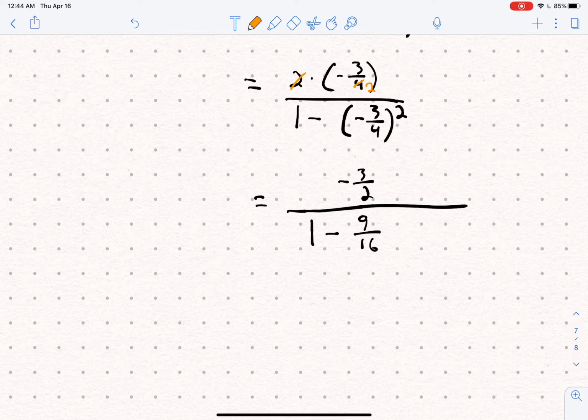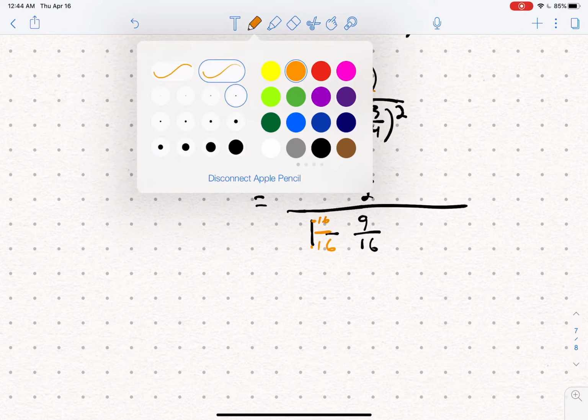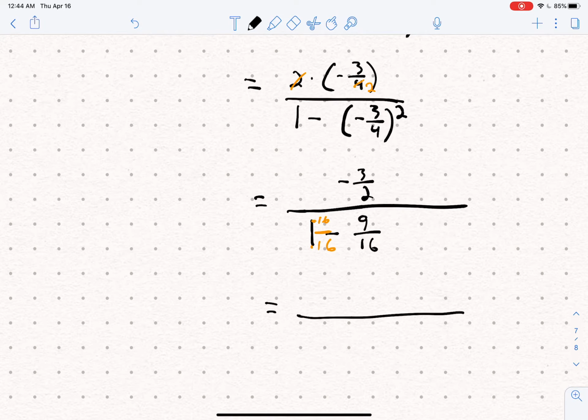And to get a common denominator for that, I'm going to multiply the 1 times 16 over 16. So, leaving the top of this big fraction alone, on the bottom we have 16 over 16 minus 9 over 16.